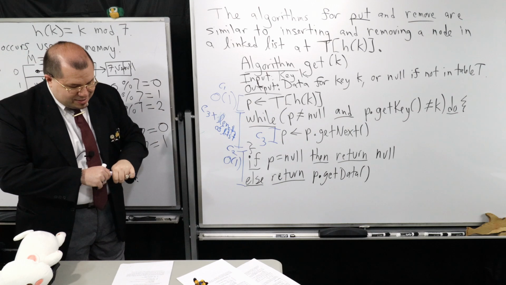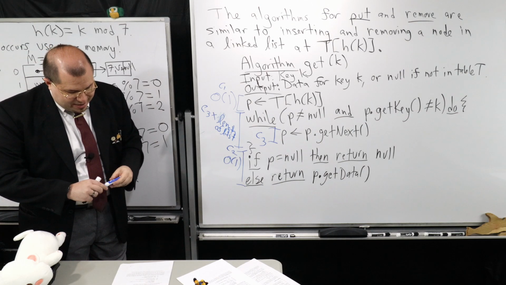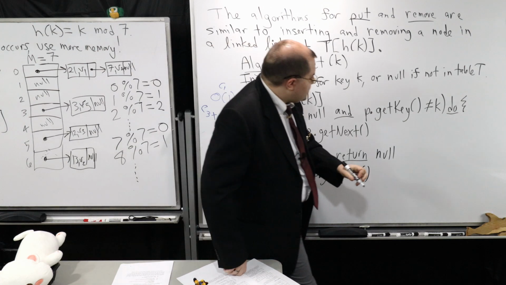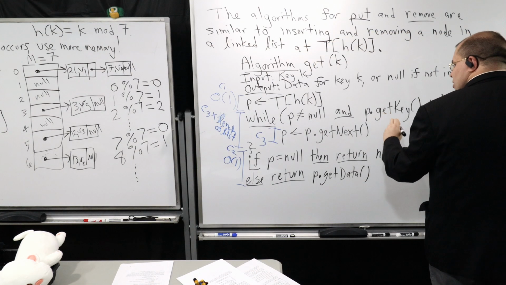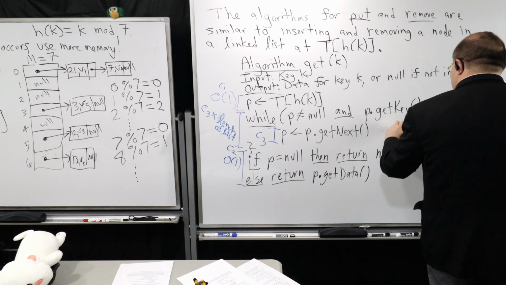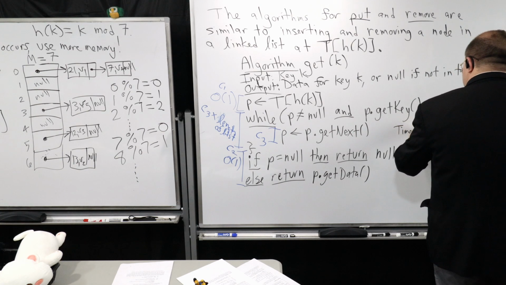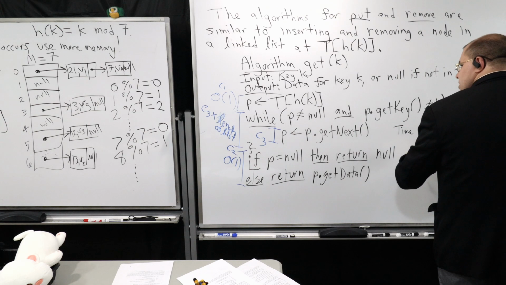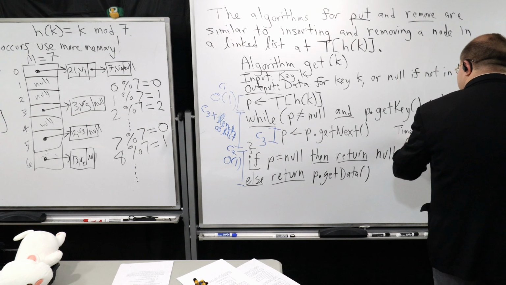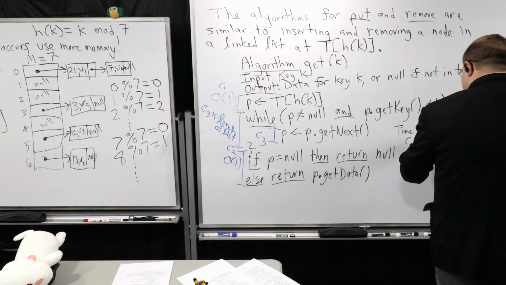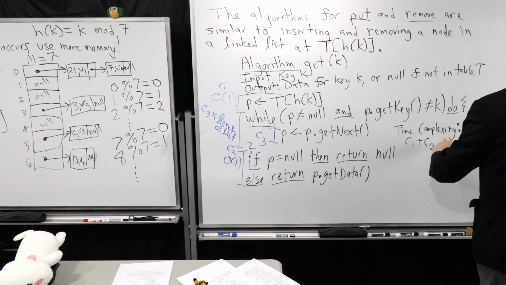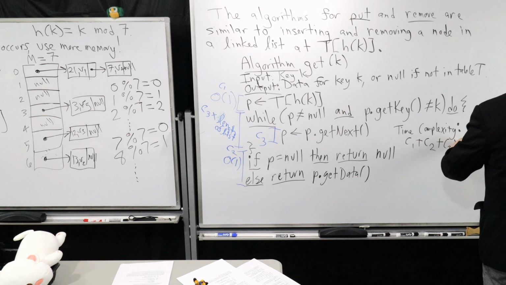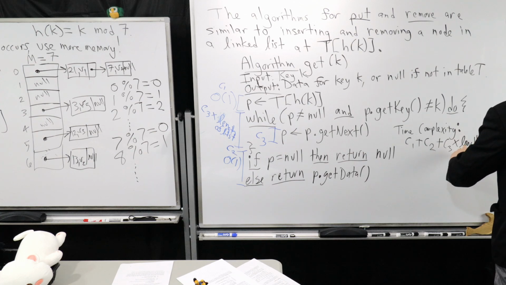If I put this all together, I should get something that looks like this. If I count up all the operations, the time complexity will look like this. It'll be C1 plus C2 plus C3 times the length of the list.